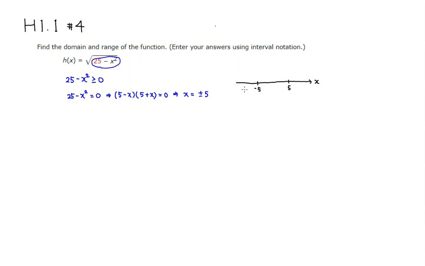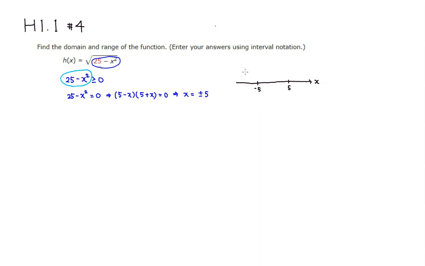So we have 3 sections, 3 subintervals. We can pick any number to see if this expression gives you positive or negative, so I'll try a sample number.